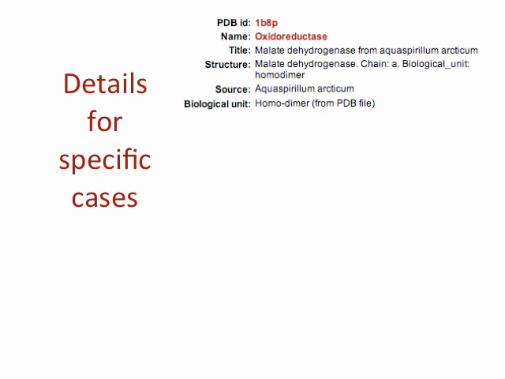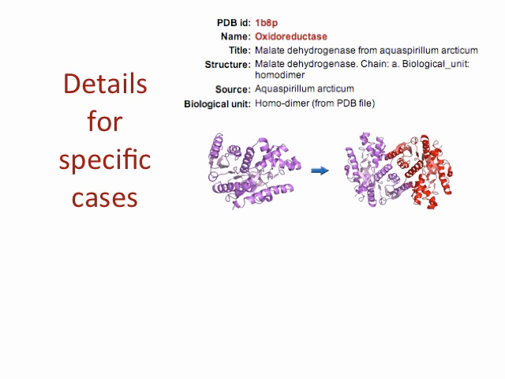For specific enzymes, we can get a lot of information. Here's an example from the protein database. This is an oxidoreductase, specifically a malate dehydrogenase that is in the TCA cycle. Here is a depiction of the enzyme, a three-dimensional structure.